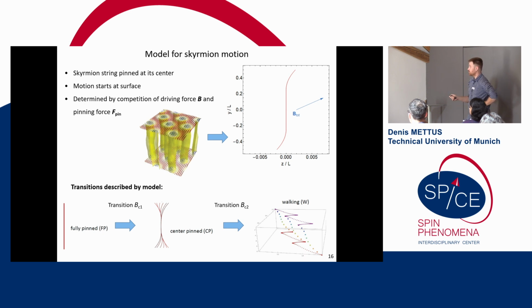Motion at the ends of the string is determined by the competition between the driving force and the pinning force, and the rest of the string tries to elastically follow the ends.